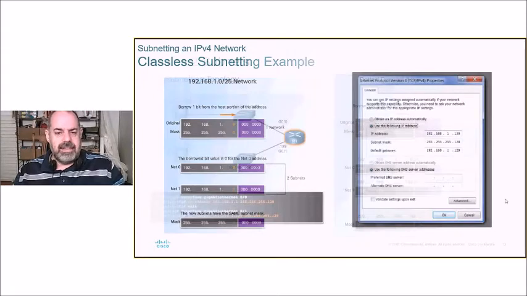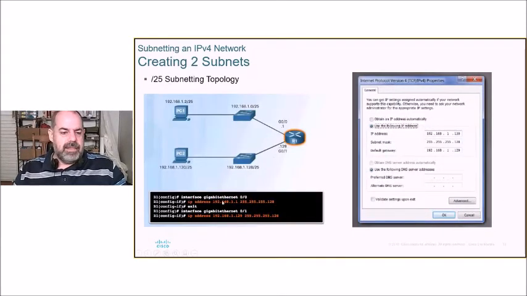So if we go back to this, that's what they've done here, is they've used the first host number in the first subnet for the router G0/0, and they've used the first IP address in the second subnet, which is 129, for the router again on G0/1. And you can see the subnet mask has been changed to 255.255.255.128.